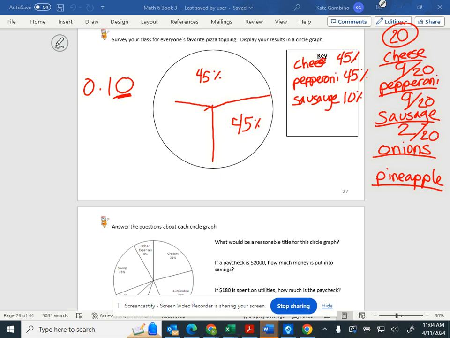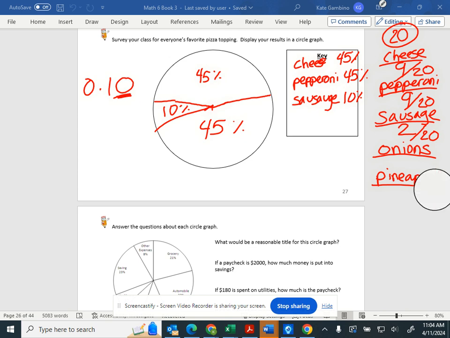That's not logical. 45% is just under 50, so it should look just under 50%. And 10%. Okay, make sure it looks logical. I'm not going to go out and actually measure it, but it does have to look right. Any questions on our circle graph?